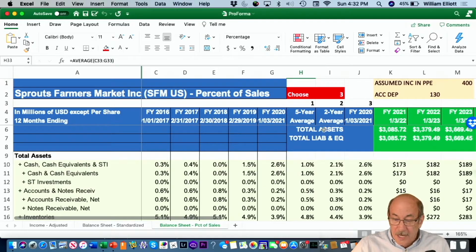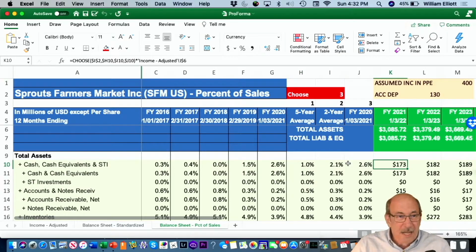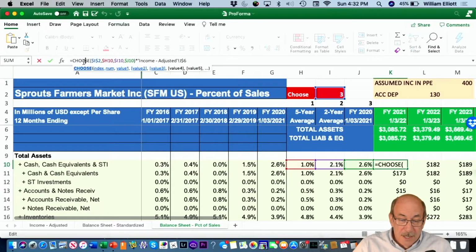One other thing that I did just for grins, it doesn't make things too complicated. I don't know how many of you have used this CHOOSE function in Excel. Have you tried that out? It's kind of a cool little function. I'd never used it really either myself, but you'll see up here CHOOSE.